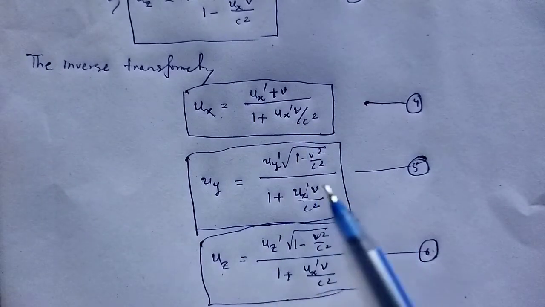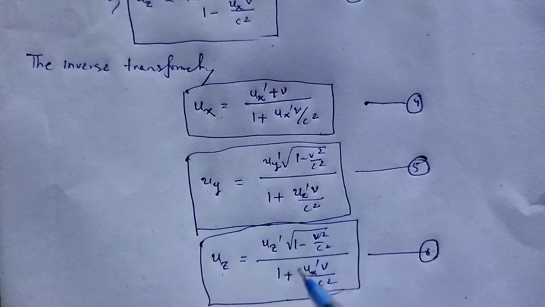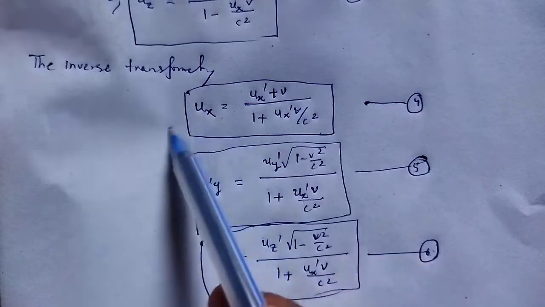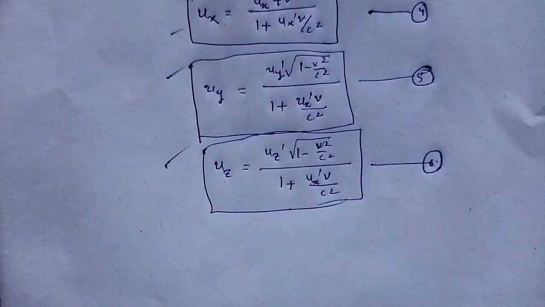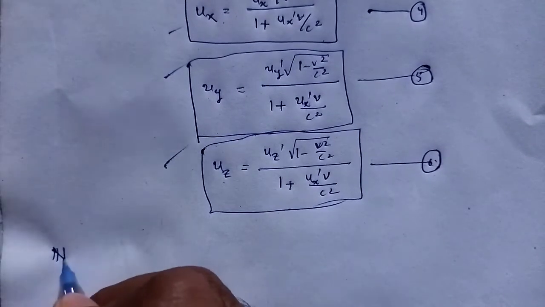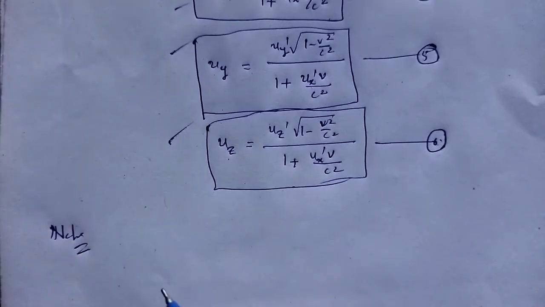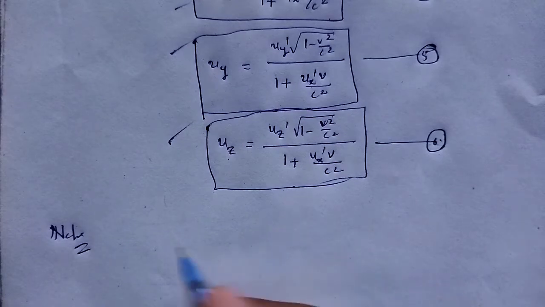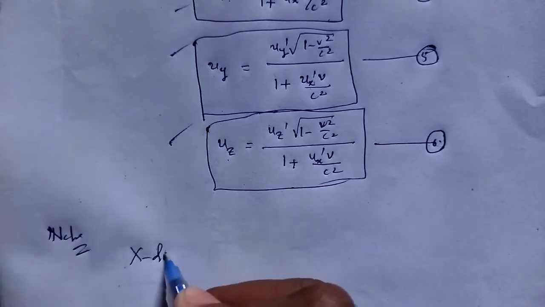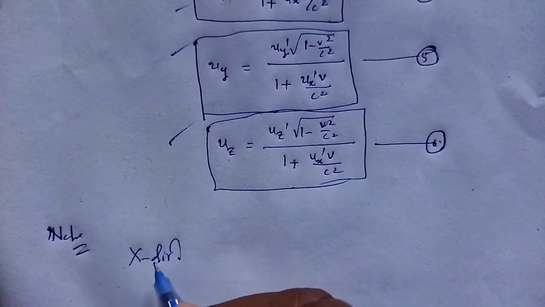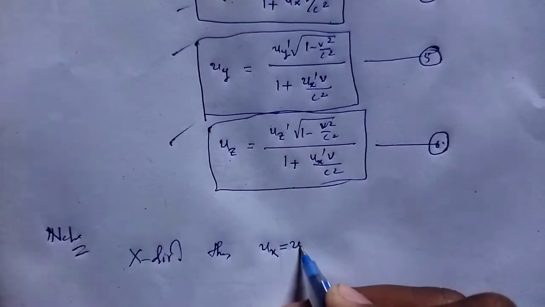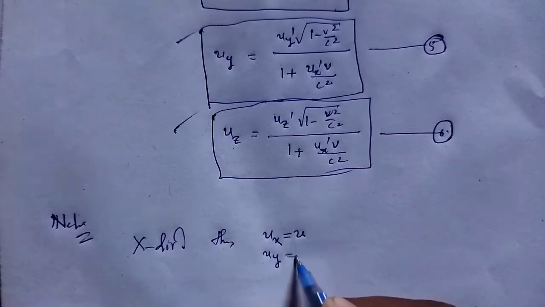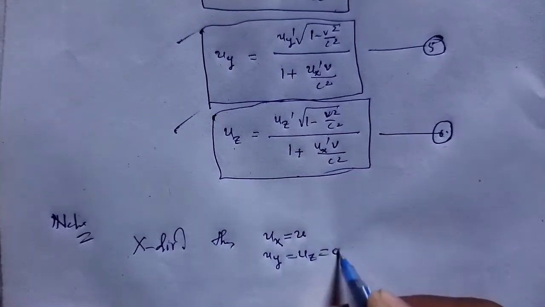These three are the inverse transformations of velocities. Here you have to remember a note. If the velocity of a particle is along the x direction, then ux is equal to u and uy is equal to uz is equal to 0.